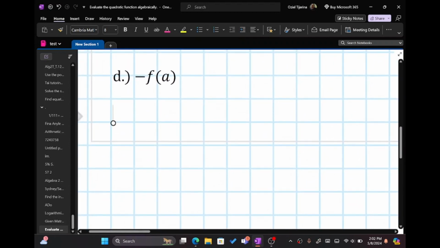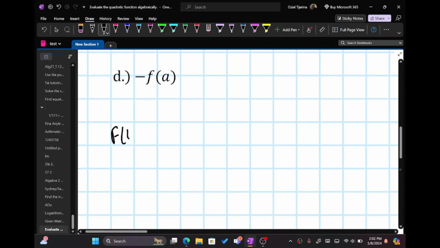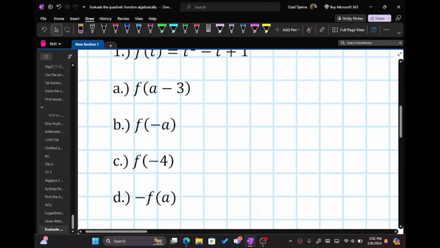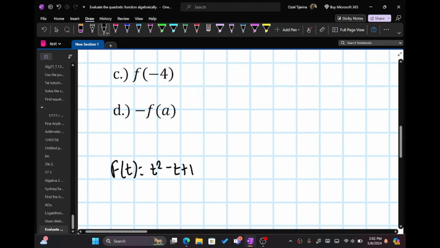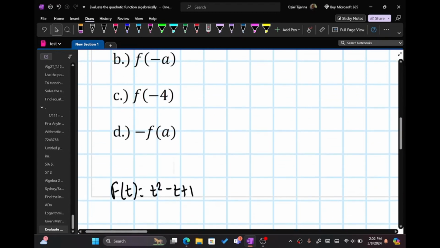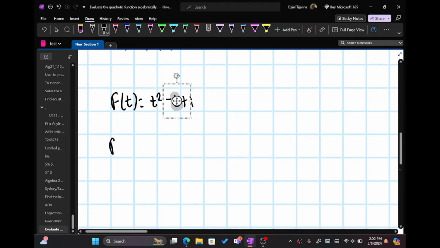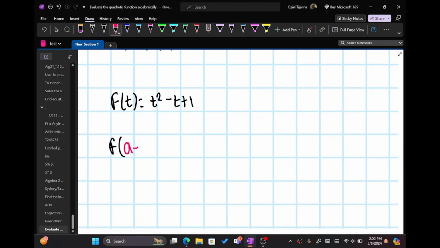So f of t, we know that f of t is equal to t squared minus t plus 1. And we want to find f of a minus 3. So we basically want to plug in a minus 3 for t.